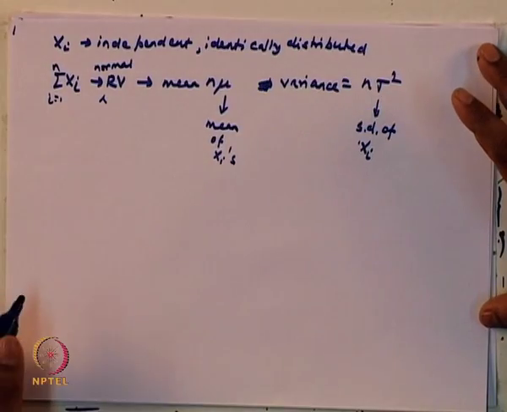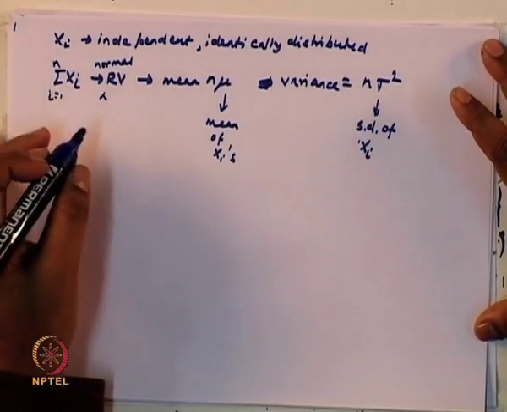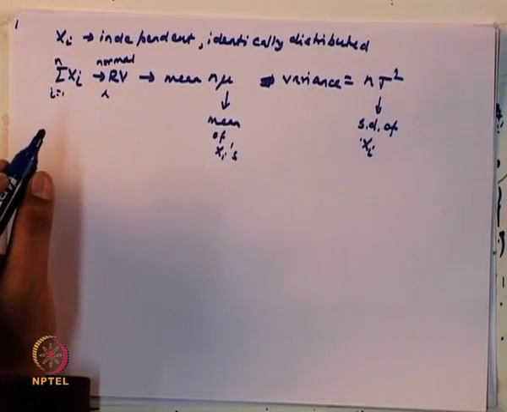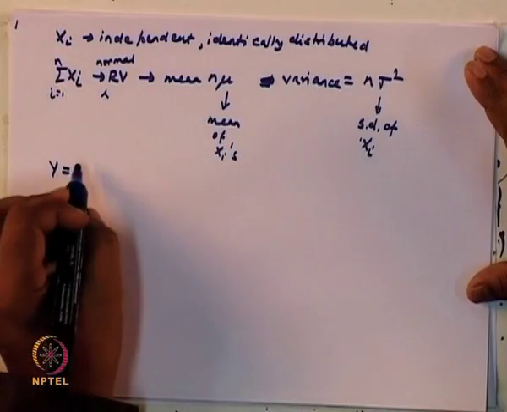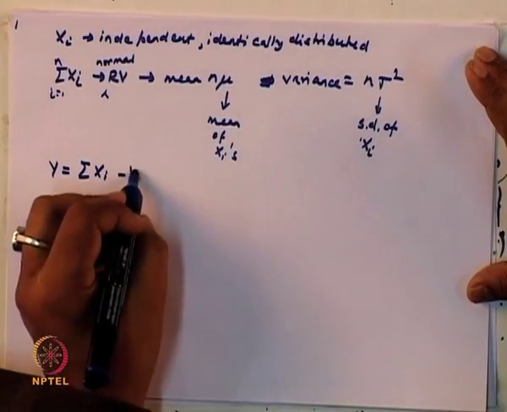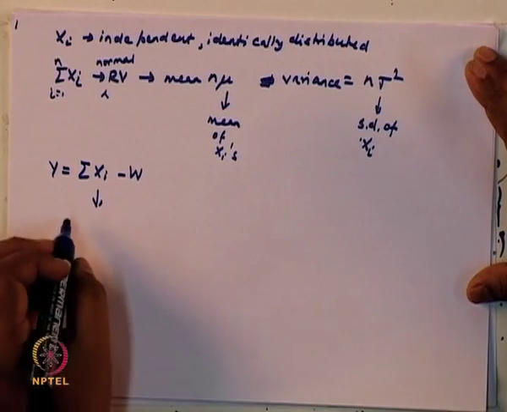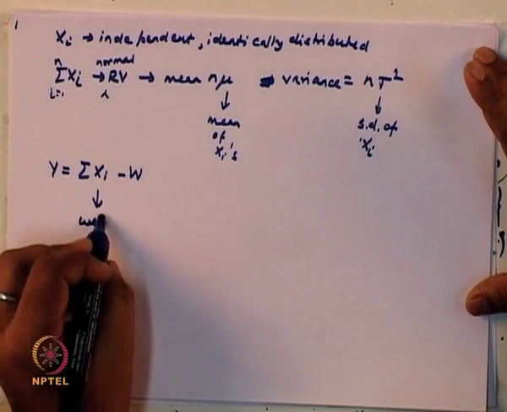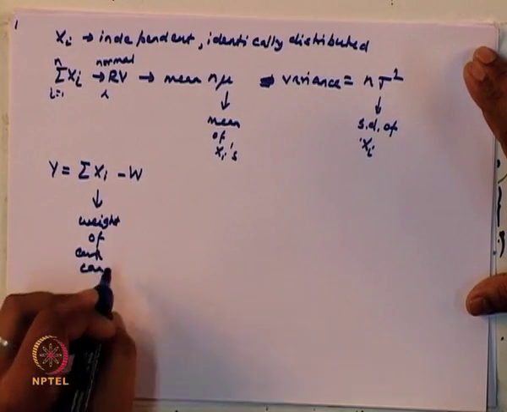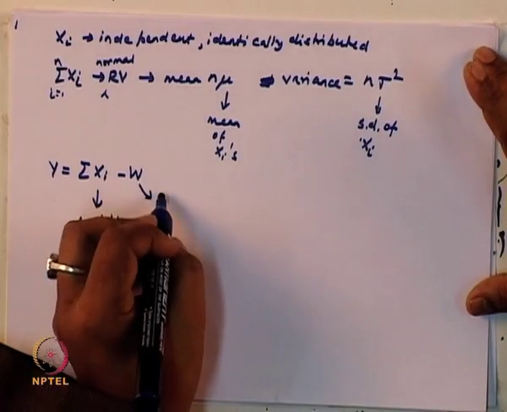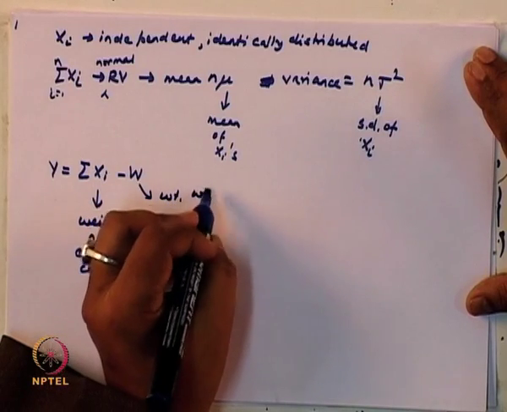And we had seen, using the example of cars on a bridge, at what point the bridge will become unstable. In that case, we had defined the random variable y as the summation of xi minus w, where xi was the weight of each car, and w is the weight that can be withstood by the bridge.